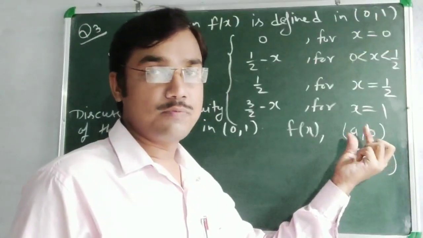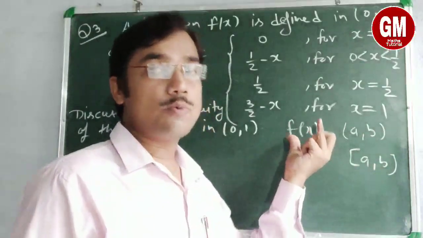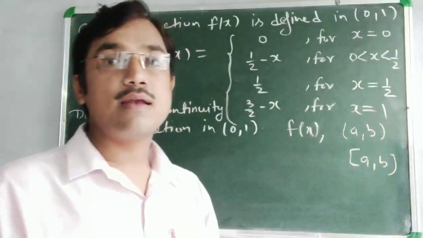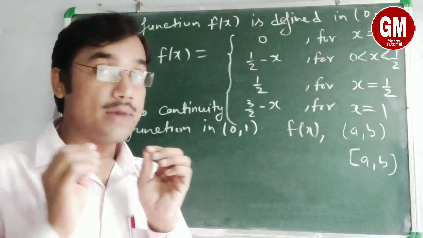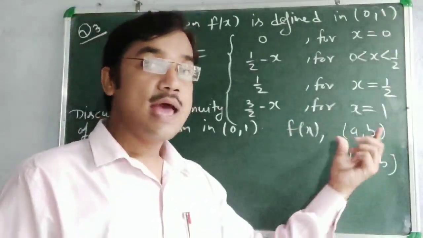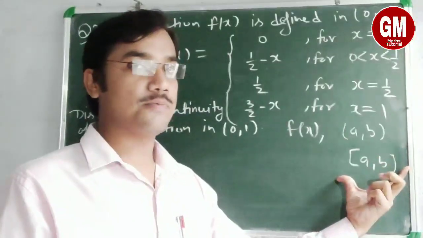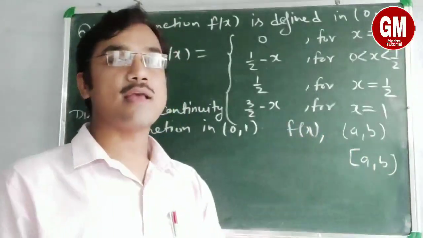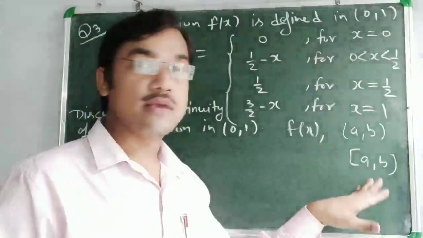If those points are also continuous, then we can say that the function is continuous at every point. If the function is continuous at every point of the open interval or closed interval, then the function f(x) is said to be continuous everywhere. The function is continuous in the given interval.